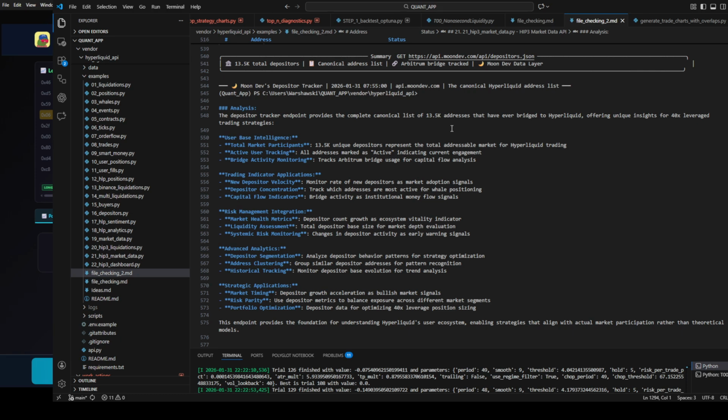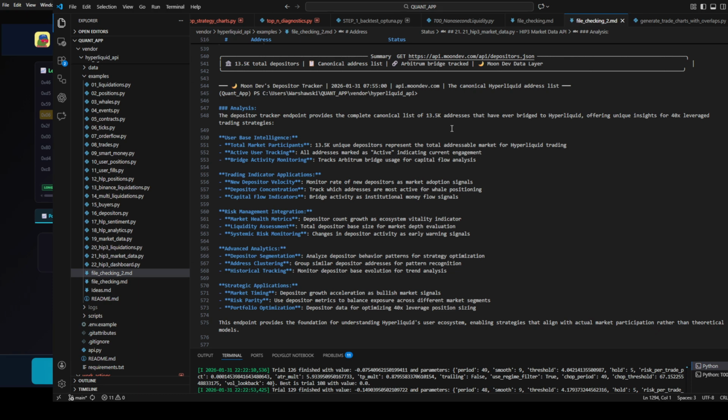User-based intelligence: total market participants 30.5K. Active user tracking: all addresses marked as active, indicating current engagement. Bridge activity monitoring tracks Arbitrum bridge usage for capital flow analysis.